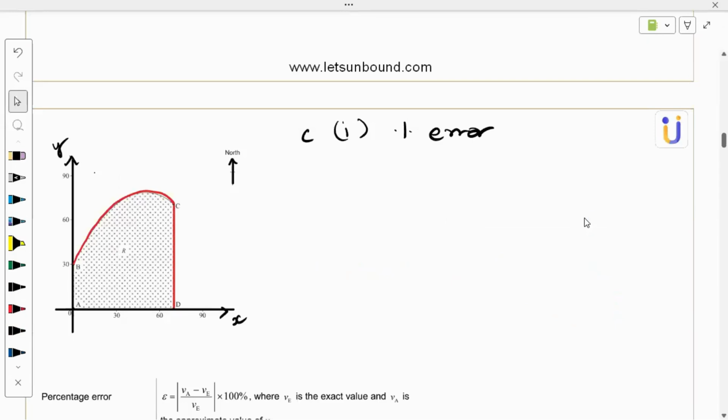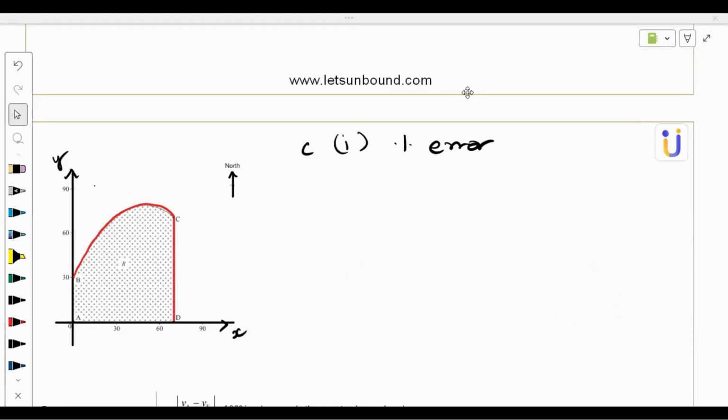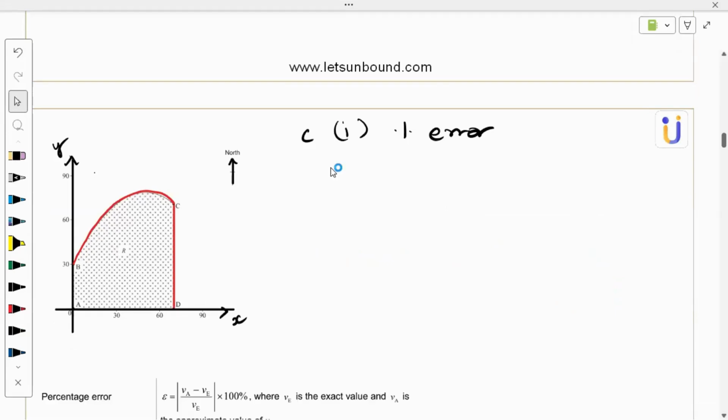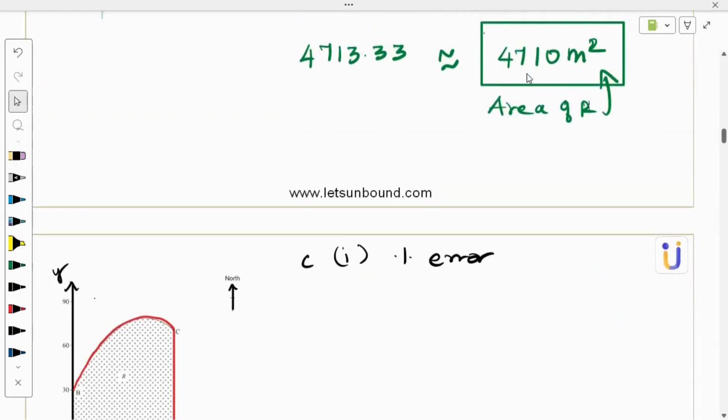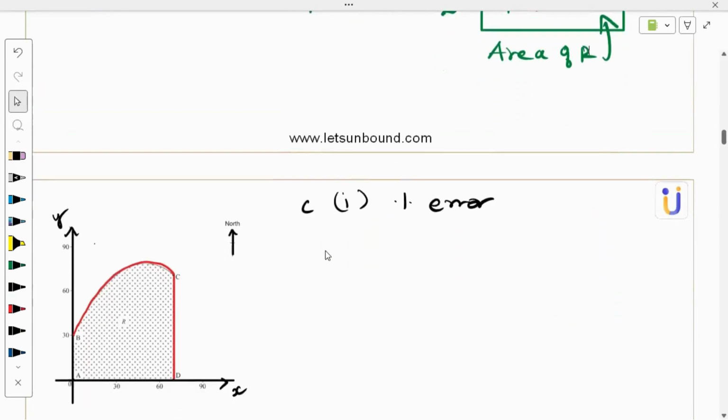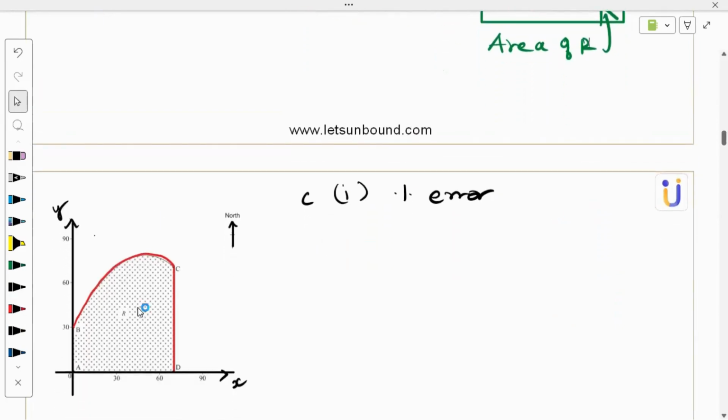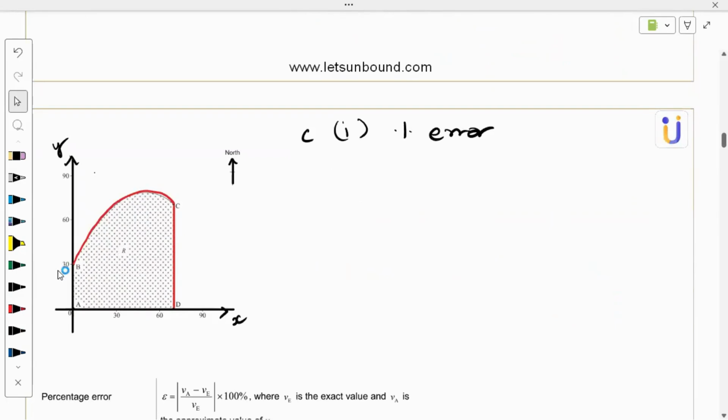Okay, we have solved using GDC, right? Linda used the trapezoidal rule with 10 intervals to estimate the area. So this calculation underestimated the area by 11.4 meters square. So actually we know original area, almost the perfect approximate, 4710. But she did trapezoidal rule and she got some error. It was underestimated by 11.4.